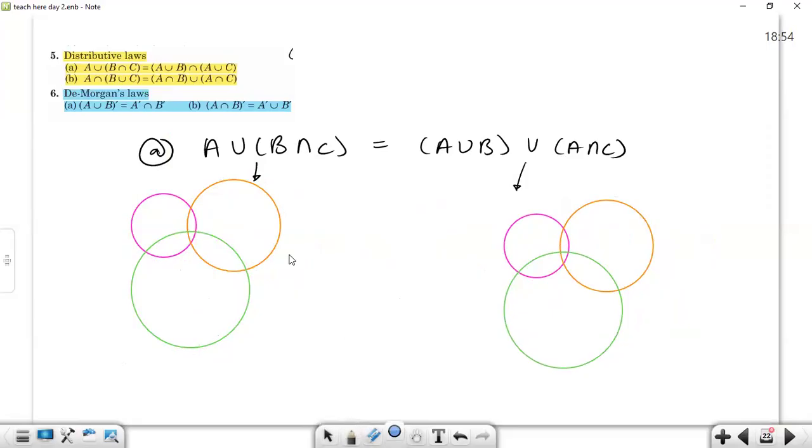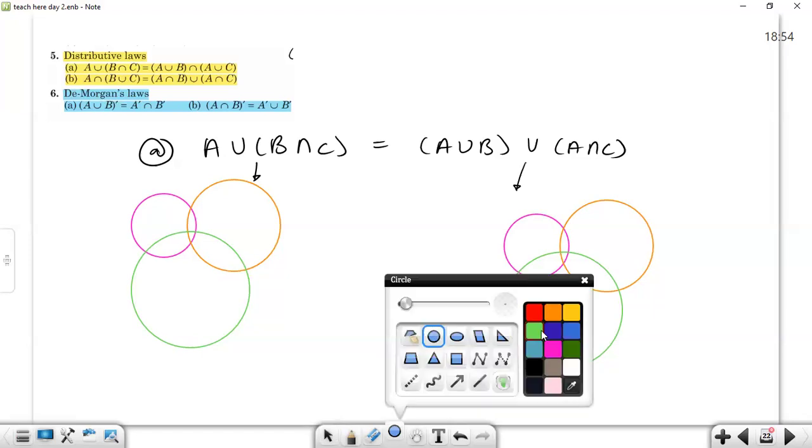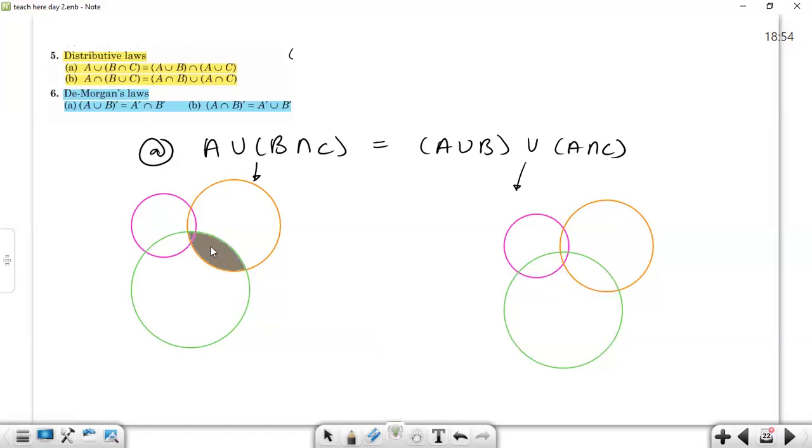Now B intersection C is what? B intersection C is this gray region. This is the B intersection C. Do you agree?